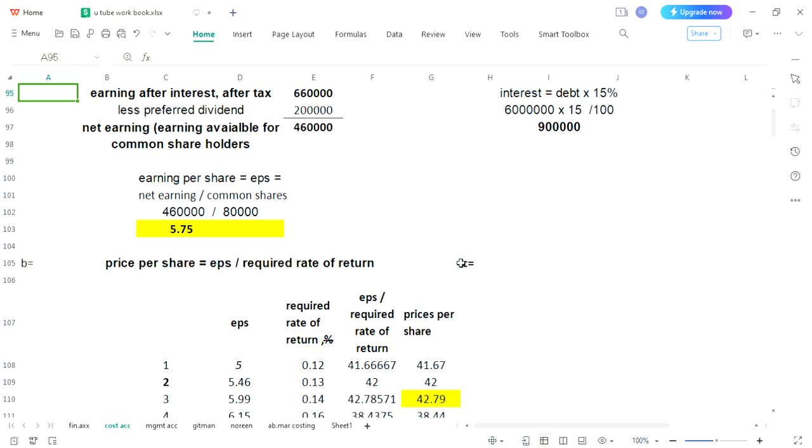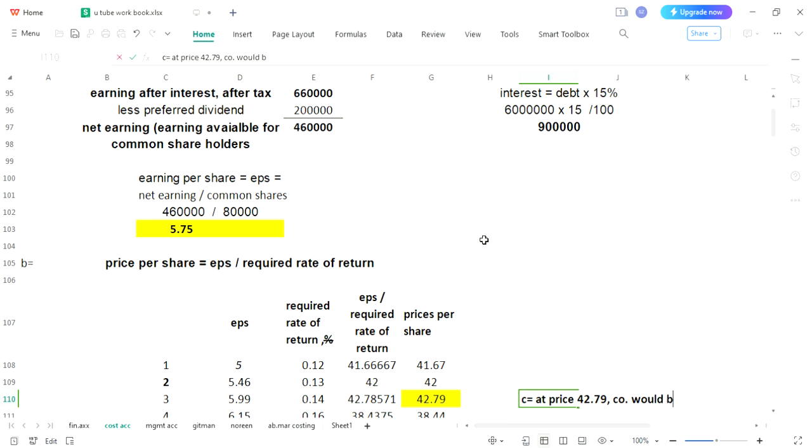Here, instead of writing C over here, let's write down over here: at price 42.79, the company would be at the optimal stage.